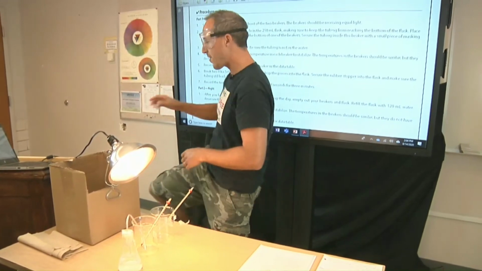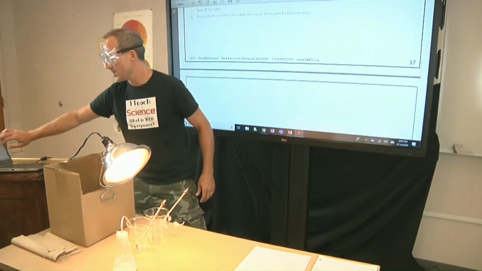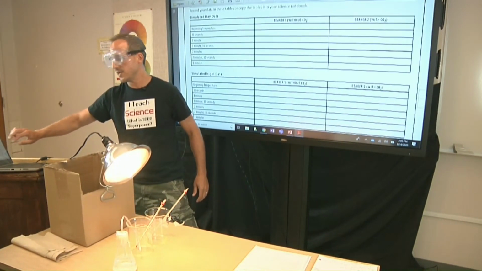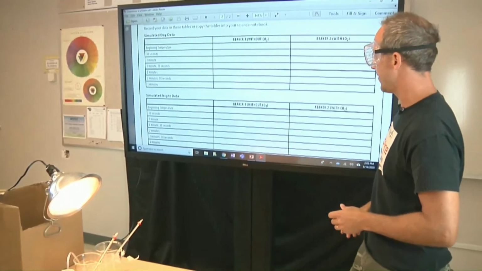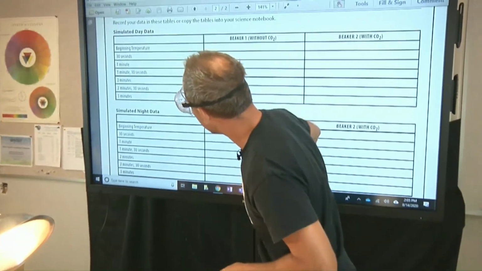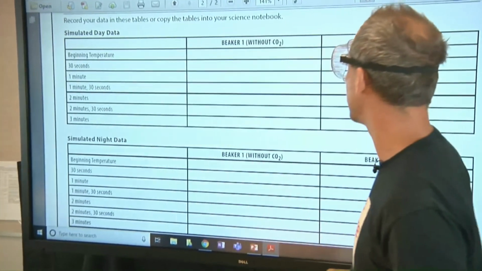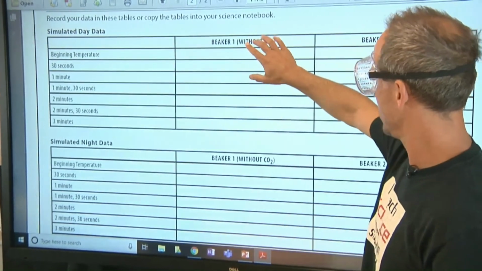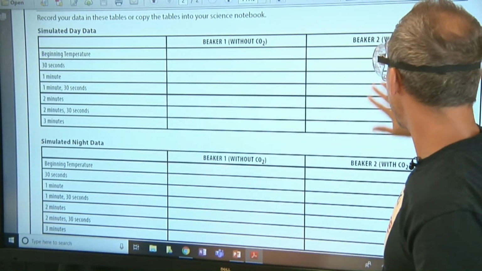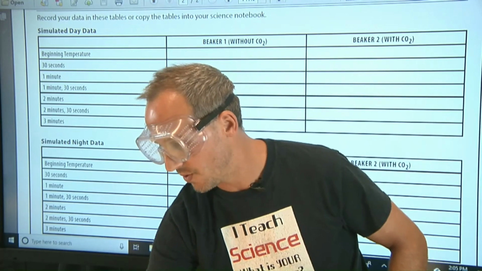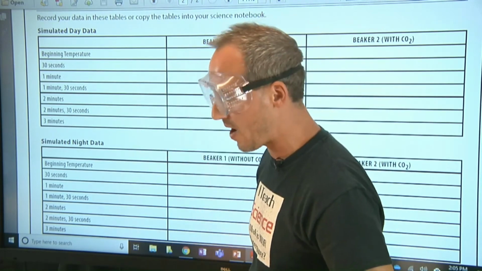As you can see on the screen, we've got a data table, and we're going to put our data in here. Initially was our beginning temperature, and then every 30 seconds we're going to measure it. Beaker 1 without CO2, that's this right here, and then we've got beaker 2 with the CO2. We're going to see how carbon dioxide is affecting our temperature.